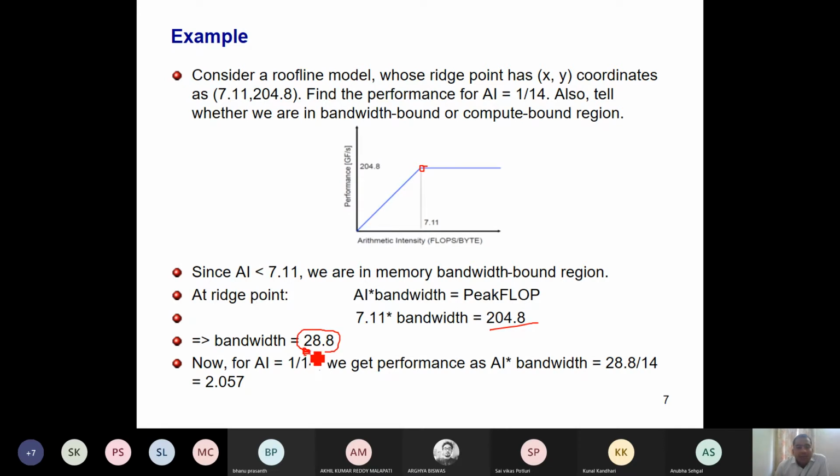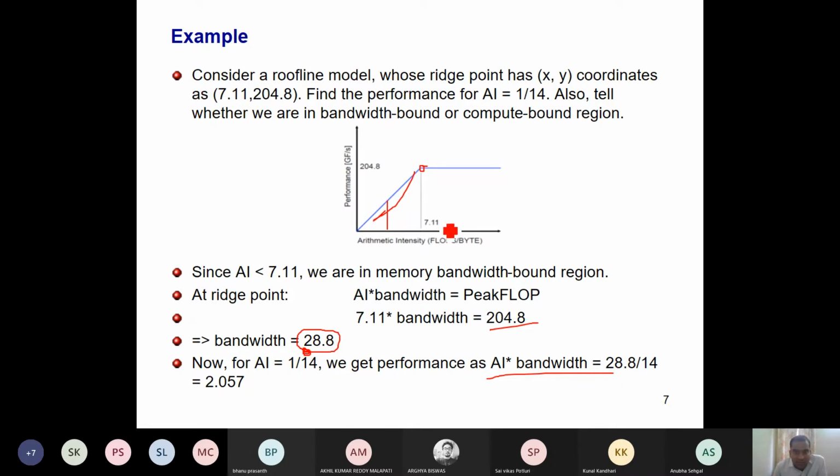Okay, so now because we are in this region, the performance here will be given as AI into bandwidth. In this region, where there is a straight slanted line, the performance is given as AI into bandwidth. So the more your AI is, the more performance you get.